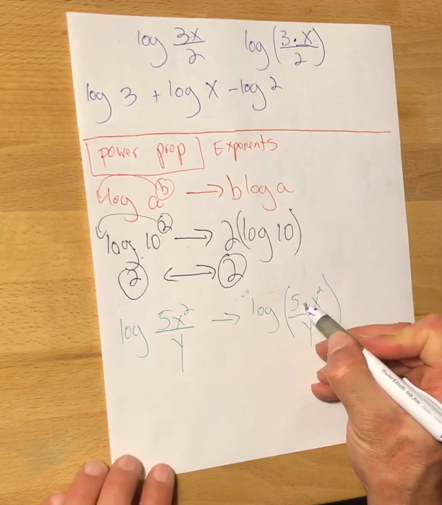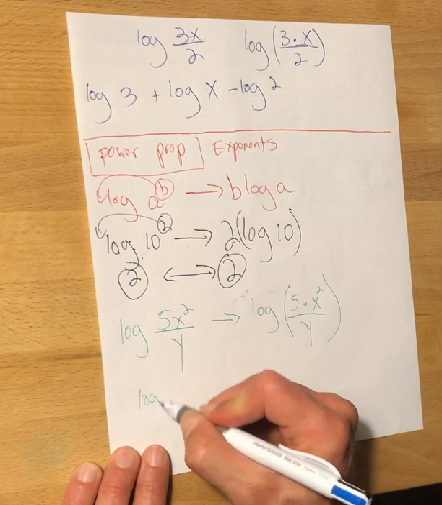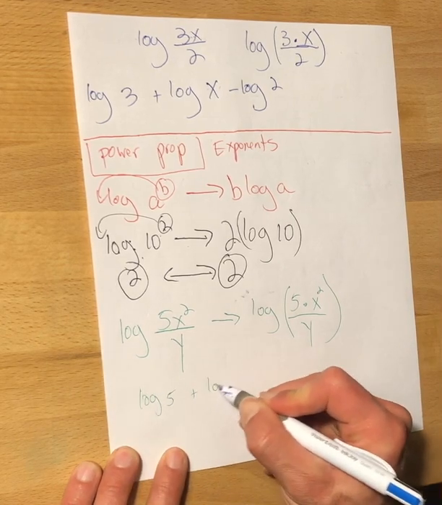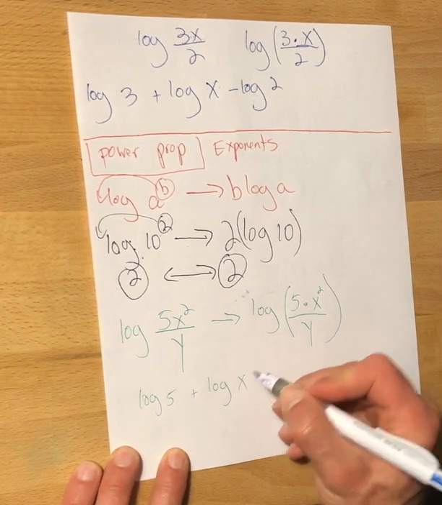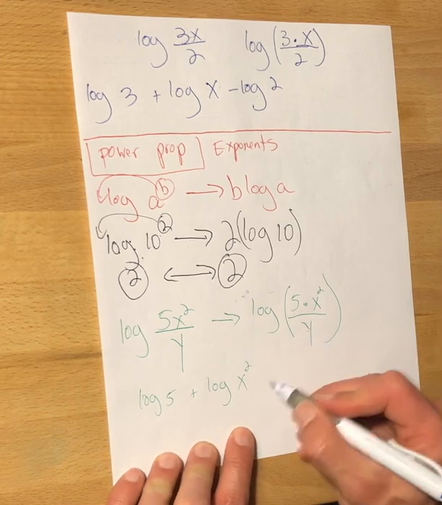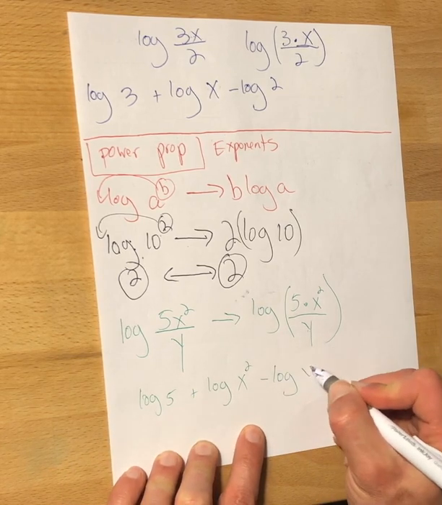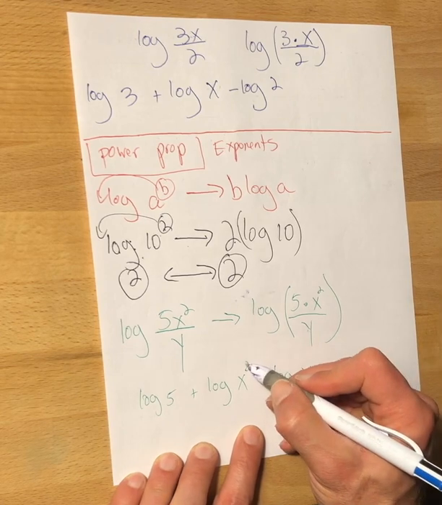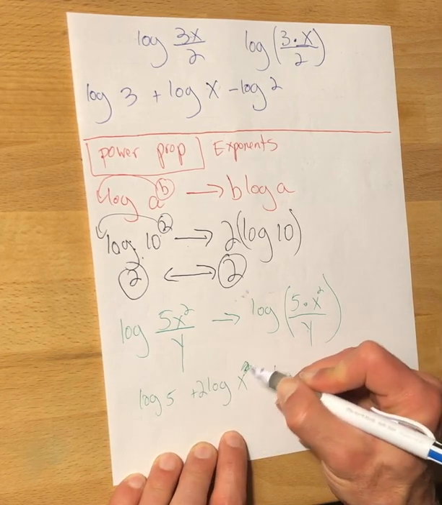Remember, multiplication is the same as addition. Log 5 plus log x squared. This is a negative log. And you're almost done. This goes in front. And there you go.